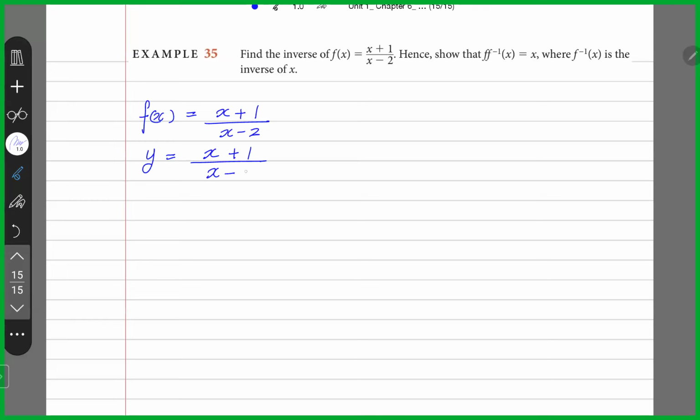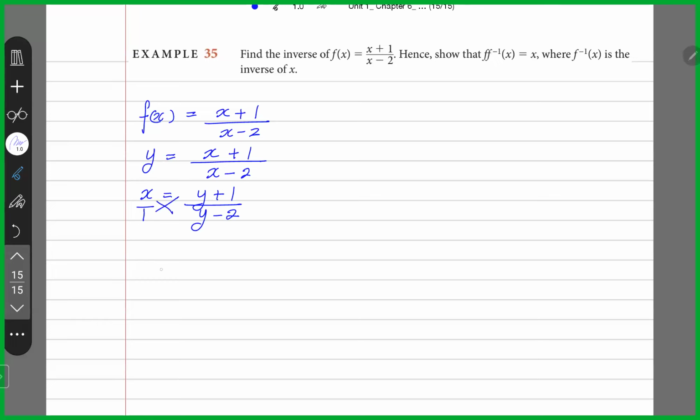So this is y is equal to x plus 1 over x minus 2, the defining equation. Step 2 is to interchange x and y. Wherever you see x, put y. Wherever you see y, put x. Step 3 is to make y the subject.